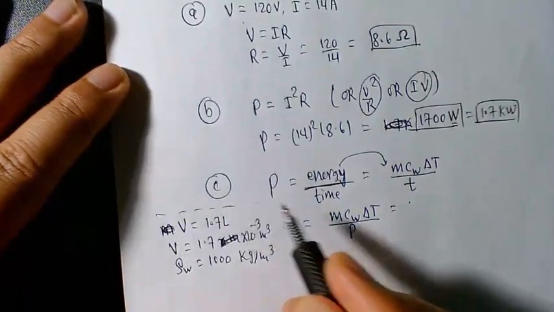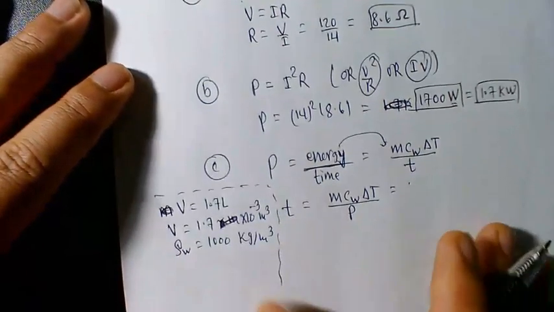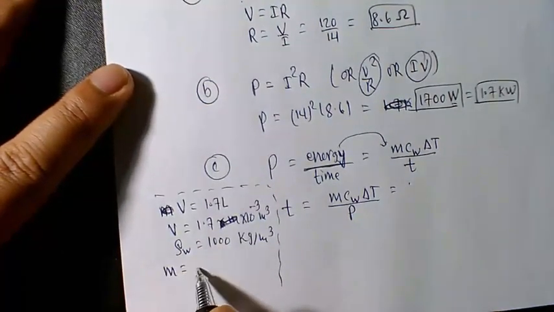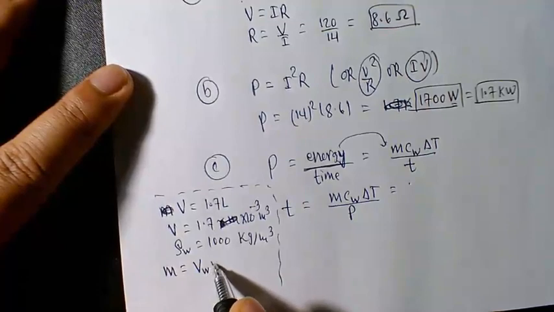So we have to do a side calculation. The mass of water is the volume of the water times the density of water.